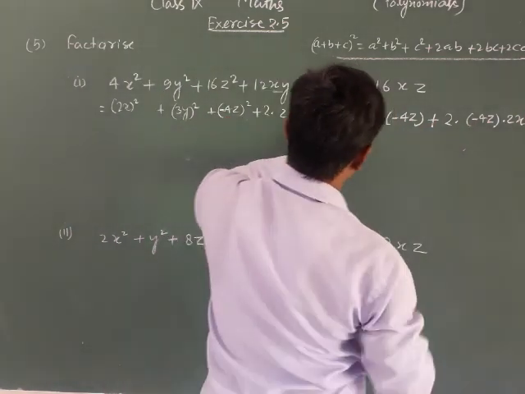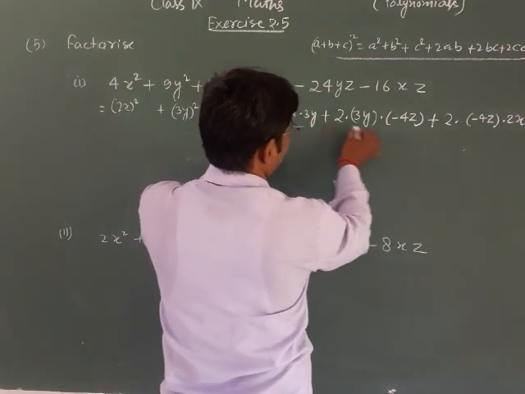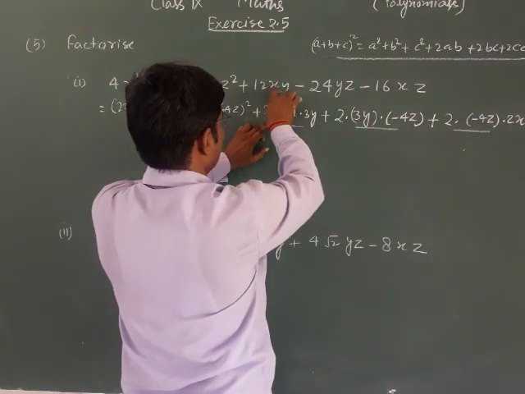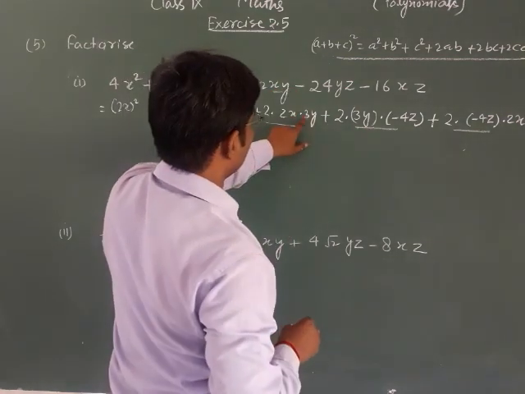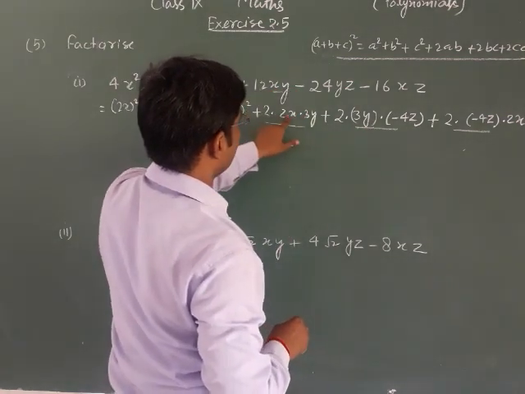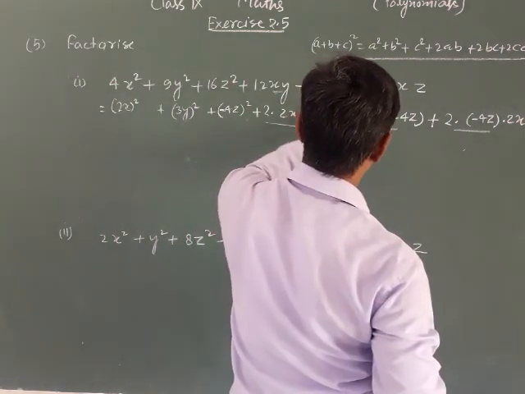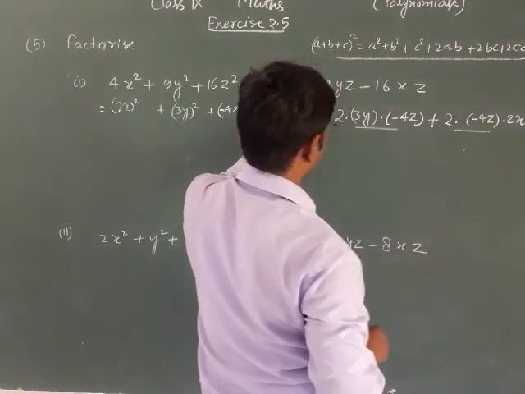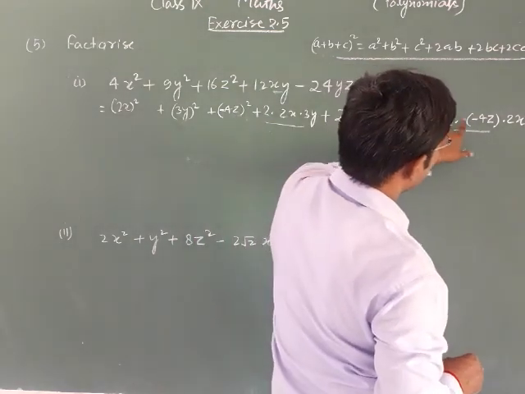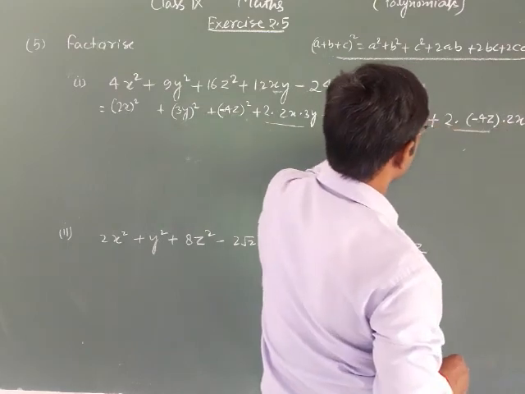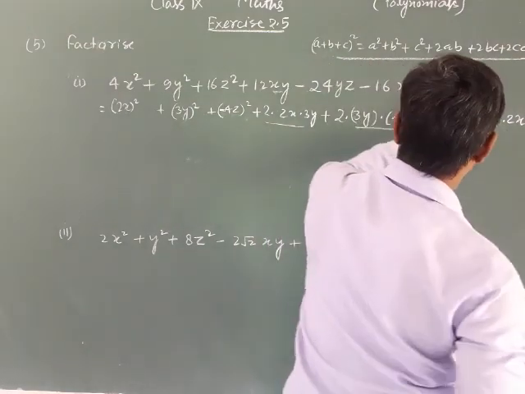Now multiply these values and we get the accurate result. 3 times 2 is 6, times 2 is 12xy, and 4 times 3 is 12, times 2 is 24yz, taken minus. Also plus times minus gives minus, 4 times 2 is 8, times 2 is 16zx.